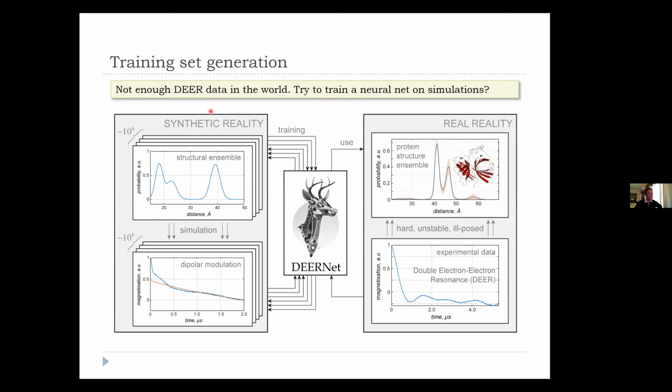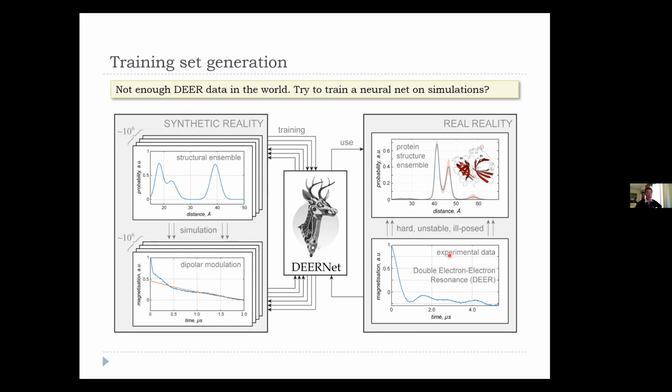So we have this synthetic reality, as we called it in a grant application, because you're supposed to be poetic in a grant application. We generated 1 million structural ensembles, ran 1 million simulations, added 1 million instances of all the noises and all the baselines and everything. And Gunnar has coached us through the process of modeling everything that can possibly go wrong in a real instrument. And then we train it.